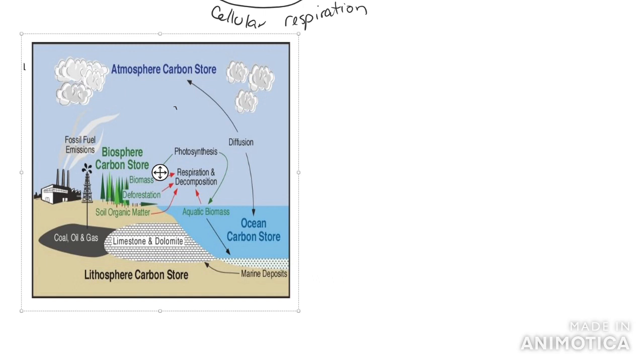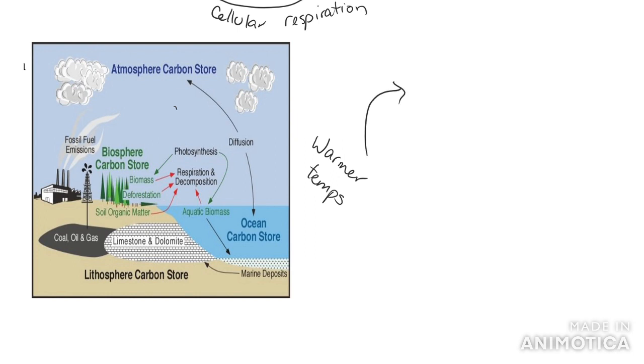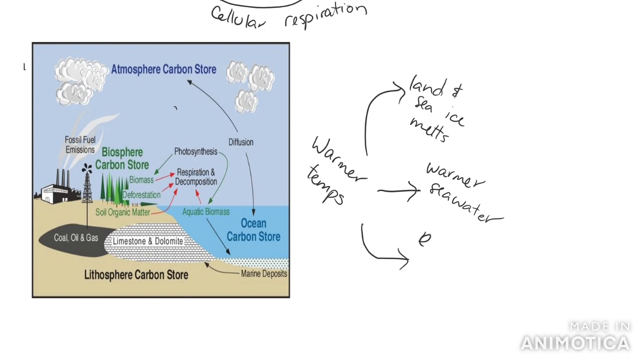So when we have warmer temperatures, the main three concerns are: the land and sea ice melts, the seawater becomes warmer, and we start to have more extreme weather events.